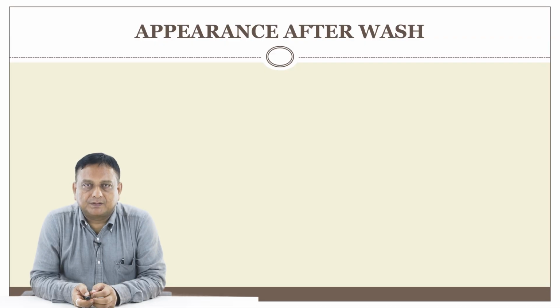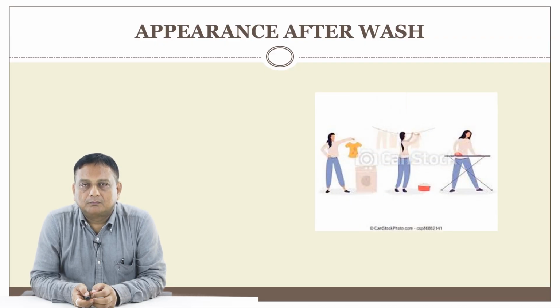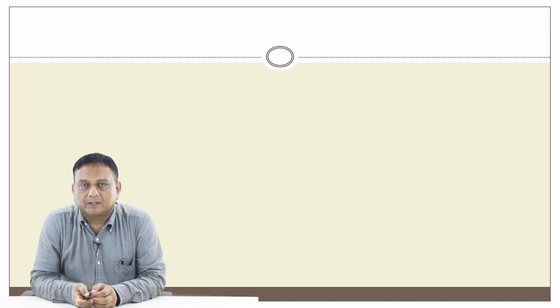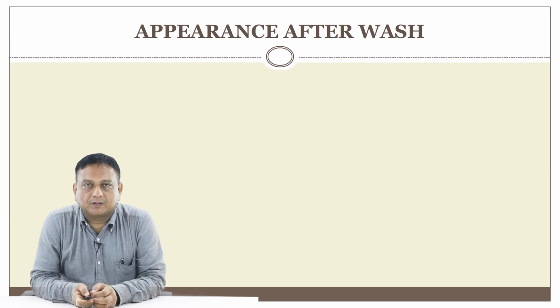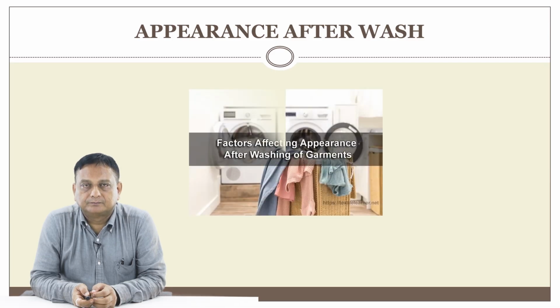Appearance after wash is very important in determining the care label. What would be the condition of the garment after wash? That is the appearance after wash operation. Different factors affect the washing of garments, and the appearance will also depend upon the washing methodology.